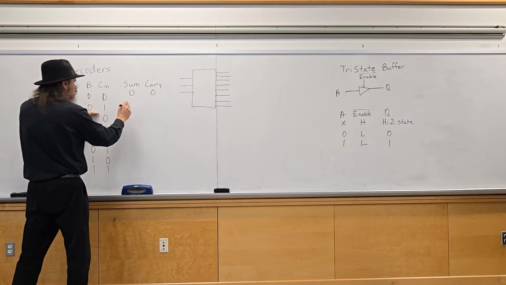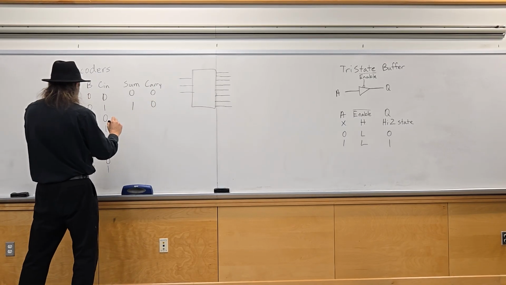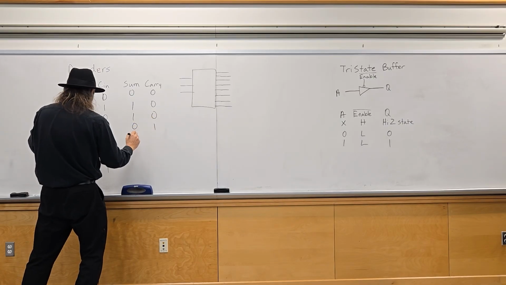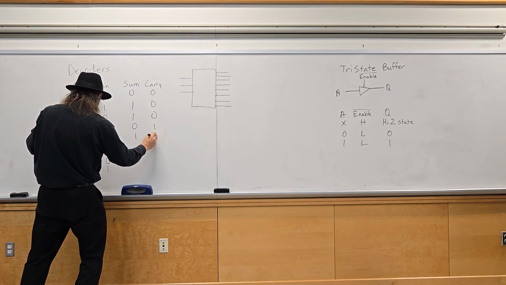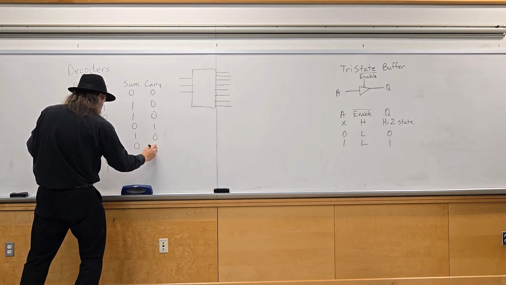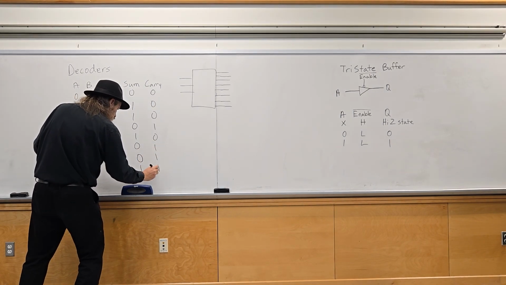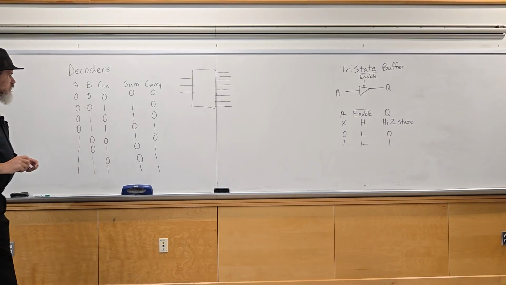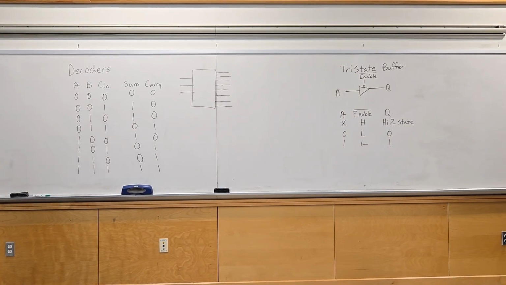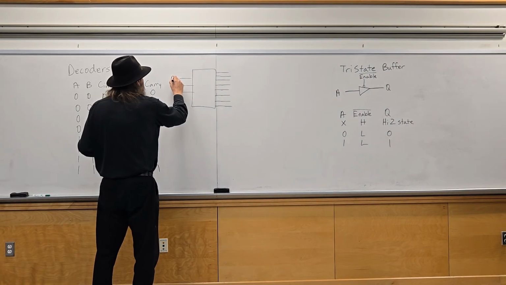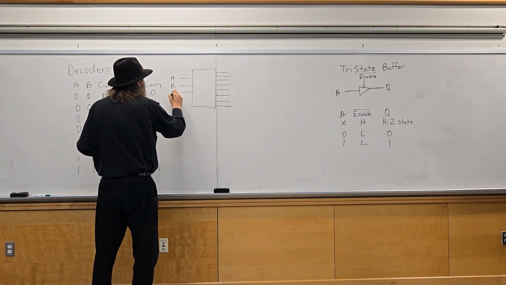Sum 1, carry 0. 1, carry 0. 0, carry 1. 1, carry 0. 0, carry 1. 0, carry 1. 1, carry 1. Okay. So you have 8 outputs. You have A, B, and Cn.